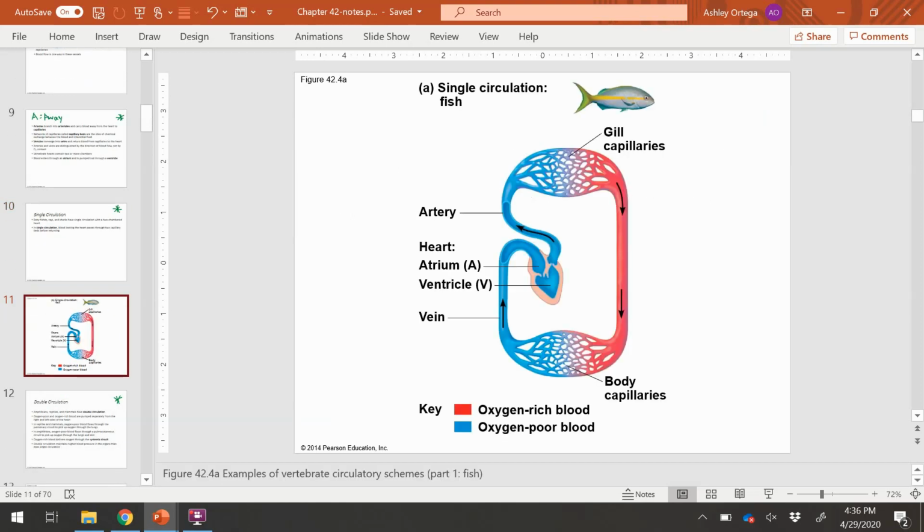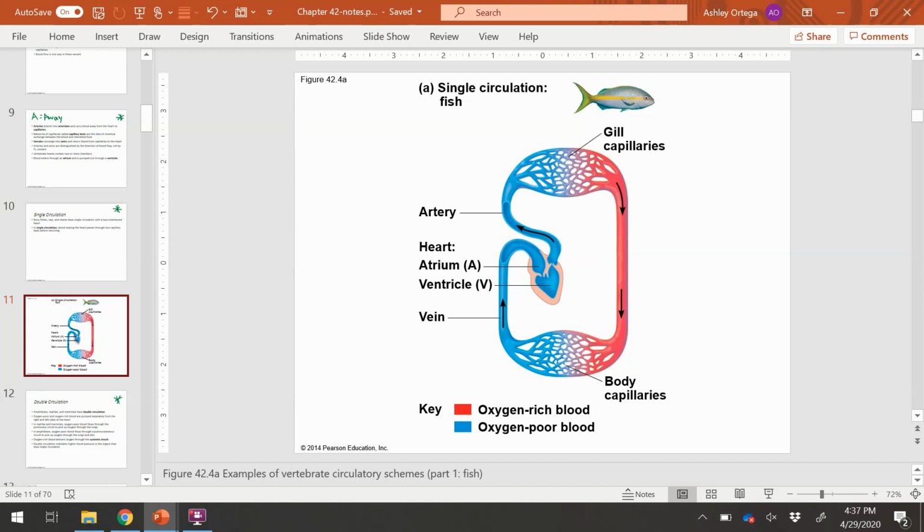So let's take a look here. In single circulation, first the blood will fill up in the atrium, and then the atrium will open its valve to the ventricle, where then the blood gets pumped, pushed out of the ventricle into the artery that's carrying blood away. This oxygen-poor blood will then go to the gills in this fish, where it exchanges carbon dioxide and oxygen.